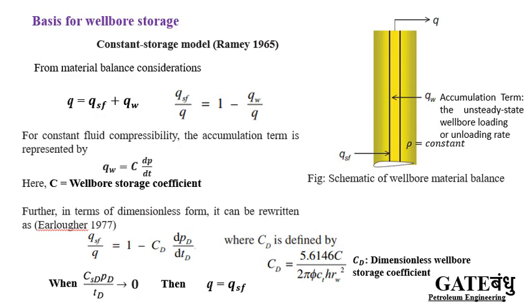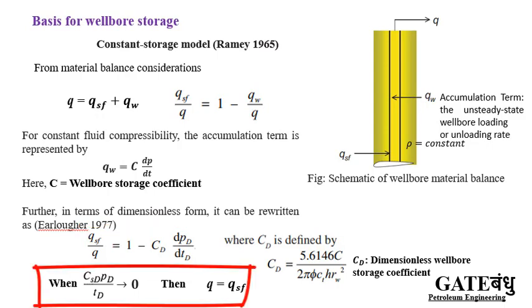So replacing back, you could write Q subsurface divided by Q equals 1 minus C dimensionless into the derivative of dimensionless pressure with respect to dimensionless time.